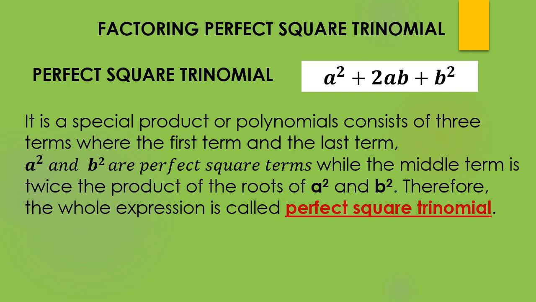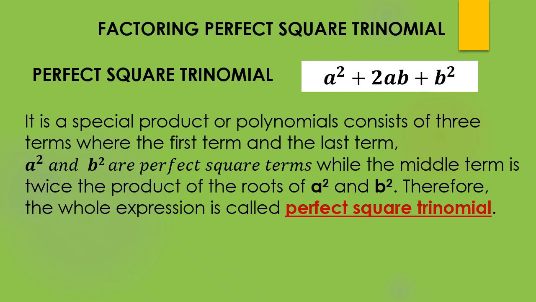So when the term is raised by the exponent of 2, or if it is written with an exponent of 2, then that term is a perfect square term. Like this, a squared and b squared, both variables are raised by an exponent of 2. So these are perfect square terms.